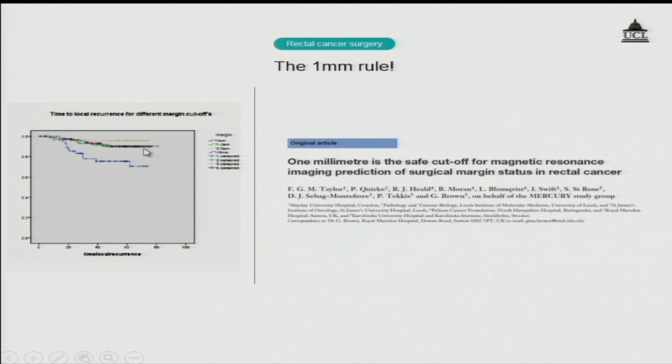But anything above that, whichever cutoff you choose, 2 millimeters, 5 millimeters, is all pretty much the same. So we now in the UK accept that 1 millimeter on MRI scan is what we use to predict the circumferential resection margin. So a tumor within 1 millimeter of the circumferential resection margin is considered to be a tumor that is at risk of an R1 resection.